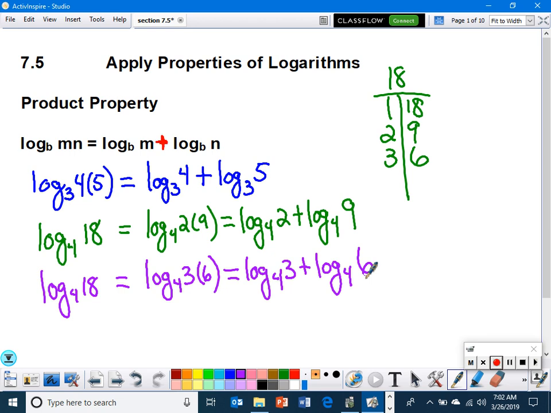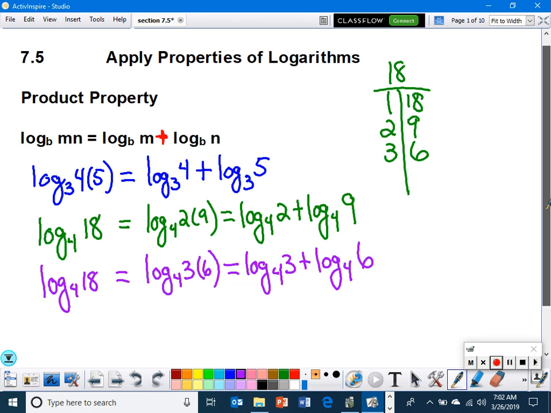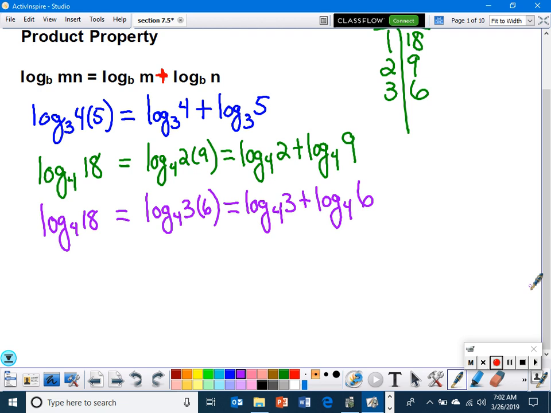Now, you can also go backwards. I'm just going to do one of them that goes backwards. Let's say I have log base 5 of 7 plus log base 5 of 8.